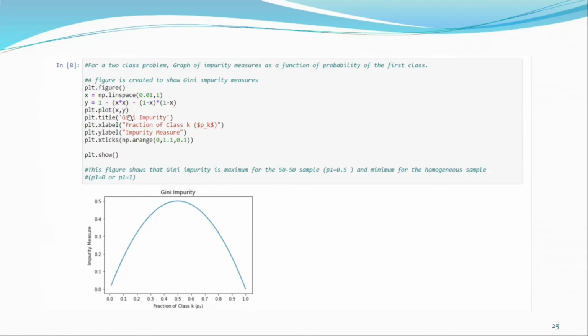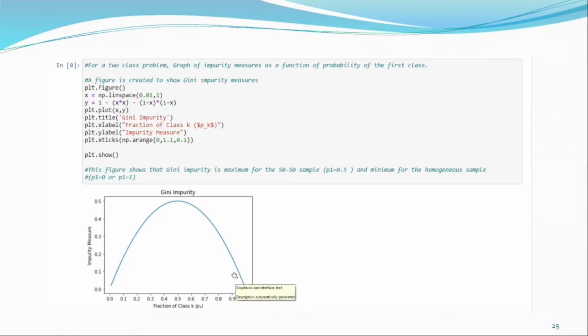We can plot x and y, and this is how the plot looks. Here we can see that the maximum Gini impurity value is 0.5 for the 2-class Gini impurity, and the minimum value is 0. So here is the graph of the Gini impurity.